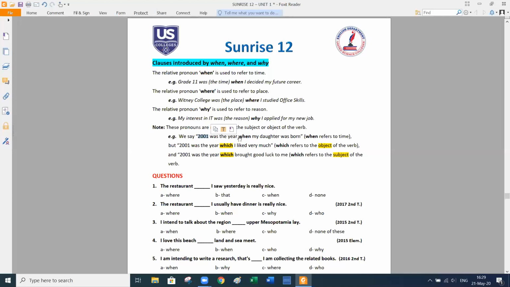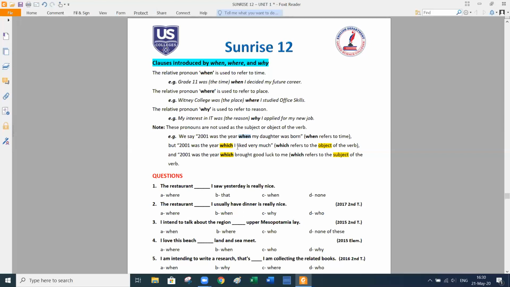So you can use when as a relative pronoun. But in these two examples, we ask the questions, for example, I liked what? What did I like? I used the question word what, not when. Or you can say, which year did I like very much?